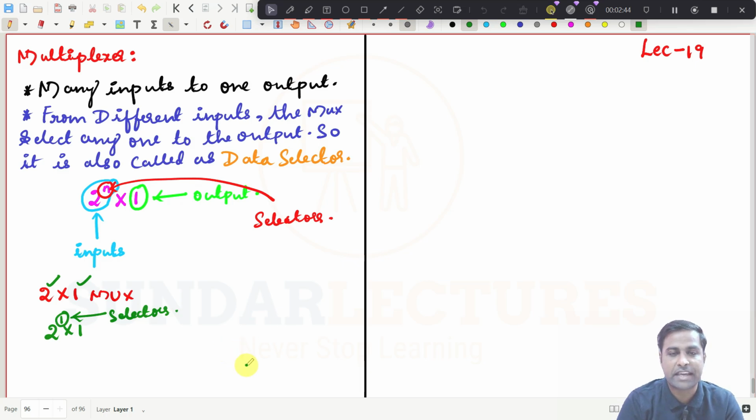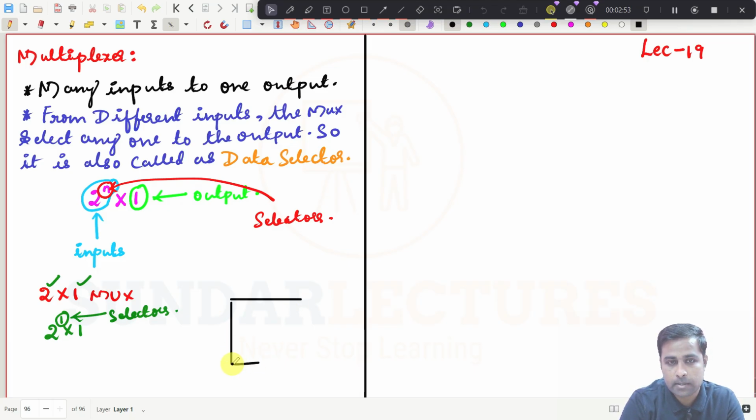So how does this diagram look? It will be like this. This is a box, and you have two inputs and one output.